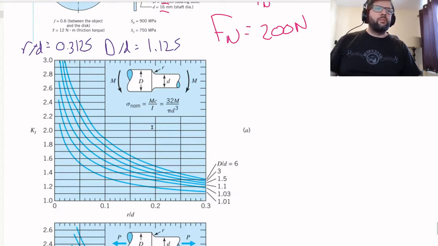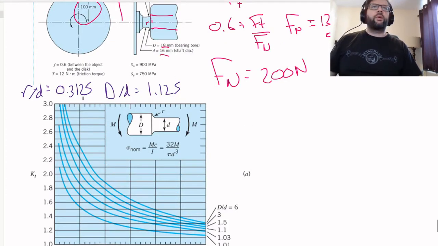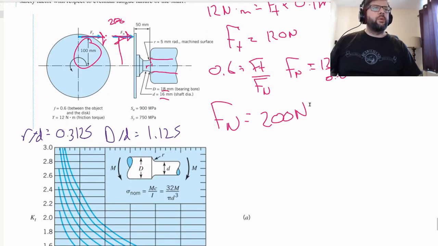So for the bending moment, first off, let's figure out what the bending moment is.